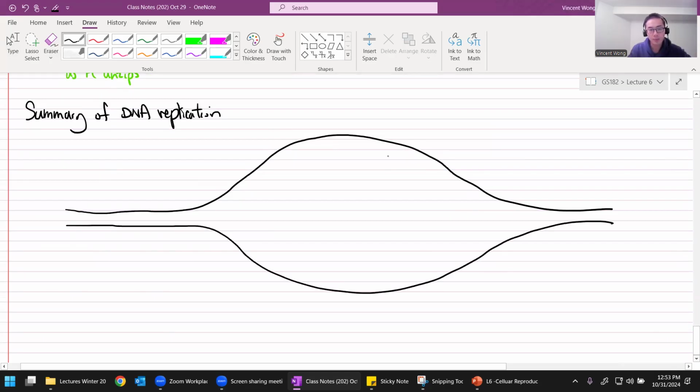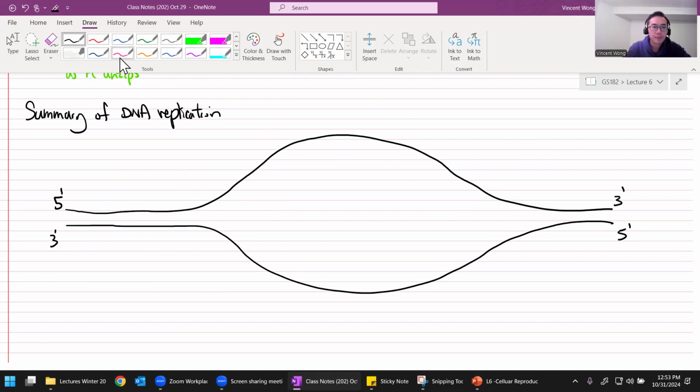In the previous picture, we were only focusing on one side of the bubble, which is called the replication fork. But now let's take a look at the entire bubble. I'm going to put 5 prime to 3 prime here again, just like before. There is no reason why 5 to 3 has to be on the top. It could have been 3 to 5, but I'm just keeping it consistent so you don't get confused. 3 to 5 over here.